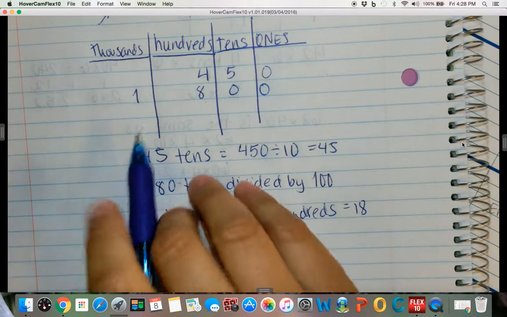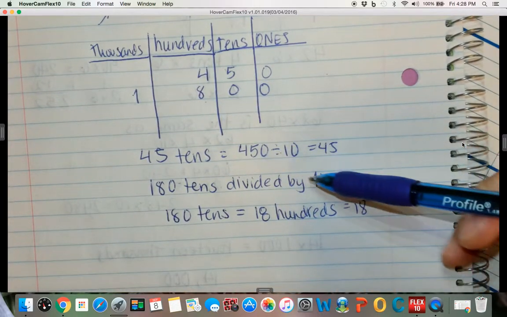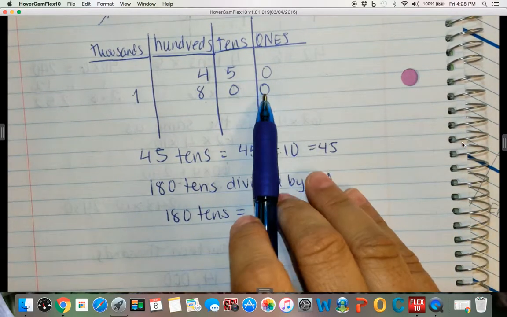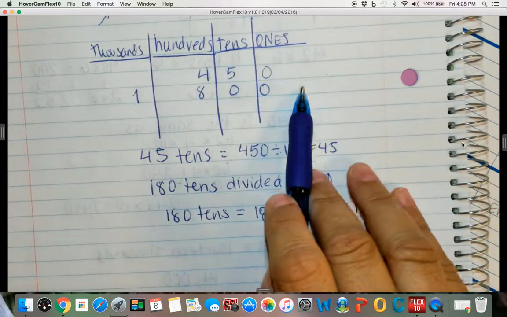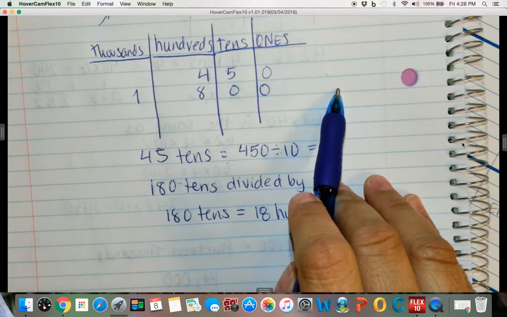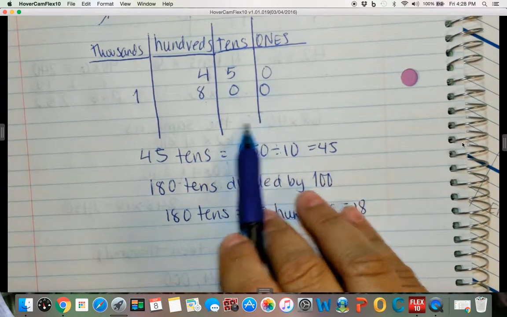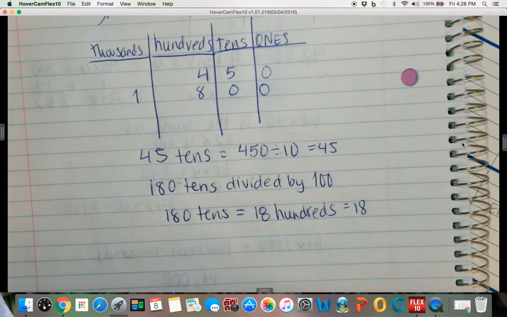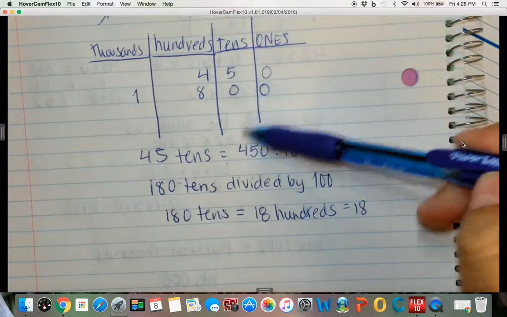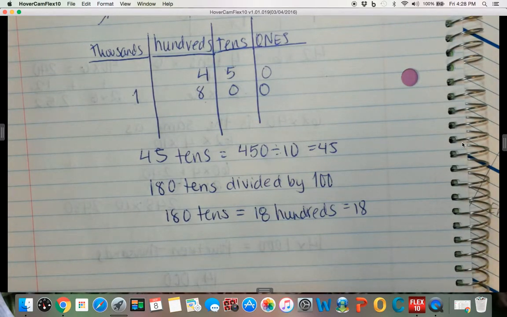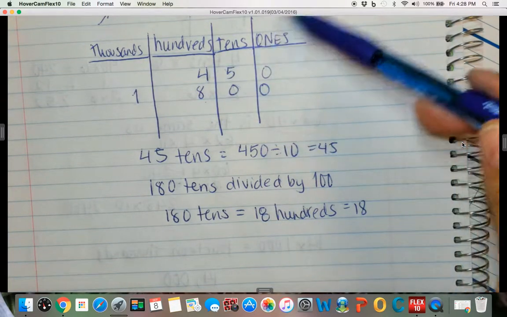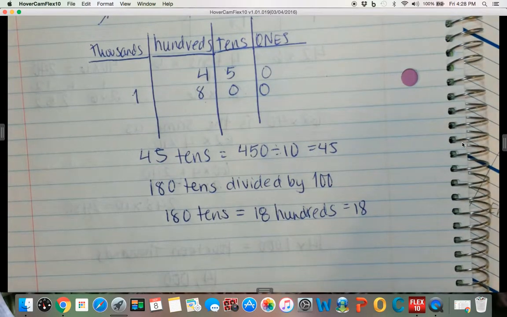And if you understand this chart and why when we divide by 10 or multiply by 10, we move the decimal or we move the zeros around, and we move them around because we can, because we're thinking in terms of tens, hundreds, thousands, it'll make it much easier for you. And it's really hard to explain here just by doing your notes, but just know these little things or these little tricks. They're not really tricks, they're the rules. They're the rules of 10 and why we can do that.